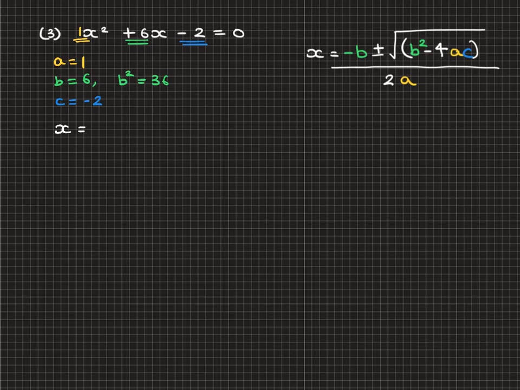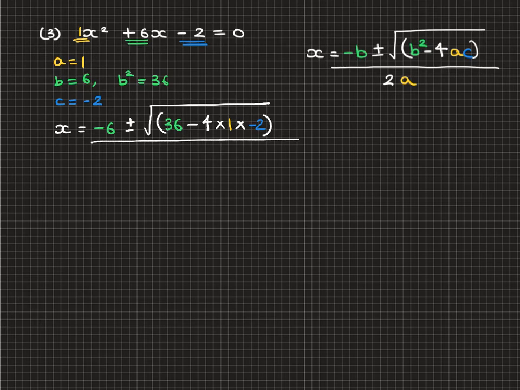So x is equal to -b, which is -6, plus or minus the square root of, brackets, 36 minus 4 multiplied by 1, which is A, multiplied by C, which is -2. All over 2 lots of A, which is again just 2.